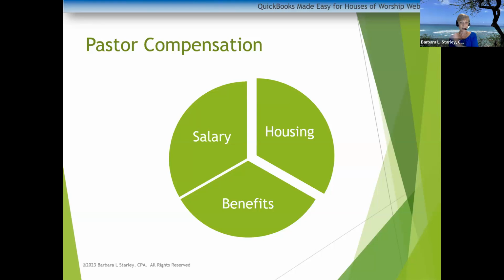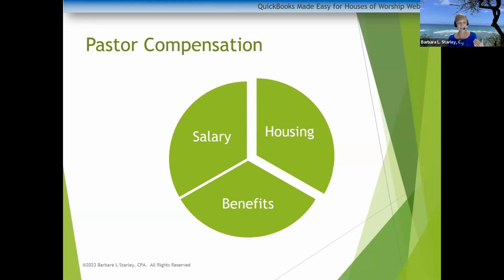But if that housing allowance piece gets bigger, that means the other pieces get smaller. A pastor can legitimately request an increase in their housing allowance, but that doesn't change their overall compensation. It just makes that piece of the pie bigger and the salary piece smaller, or vice versa. You might make the housing allowance smaller and the salary piece bigger.